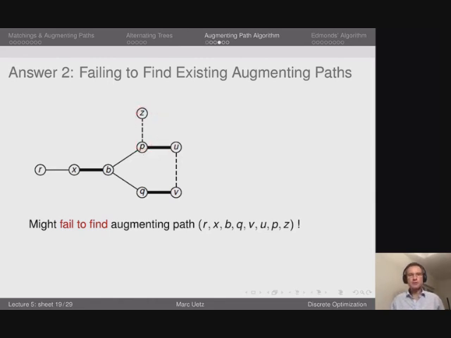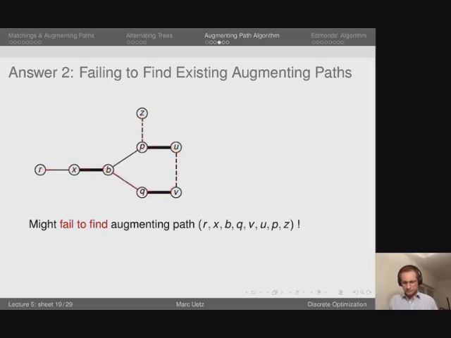But remember that we want to find alternating paths, right? So if I follow this path now, it's no longer going to be alternating. So this doesn't work. So this edge is not going to be added, neither is this edge, and we fail to find an augmenting path which exists in the graph, which is this path here. That's an augmenting path.